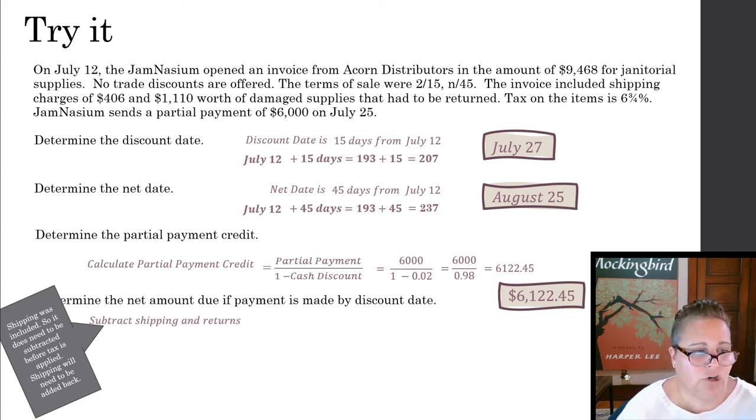I've got to take out returns because I'm not paying for stuff that's damaged. And I have to add on taxes. Okay. So I'm going to take the $9,468. That's the amount that I was told was on the invoice. I'm going to subtract off the shipping charges of $406, and I'm going to subtract off the returns of $1,110.